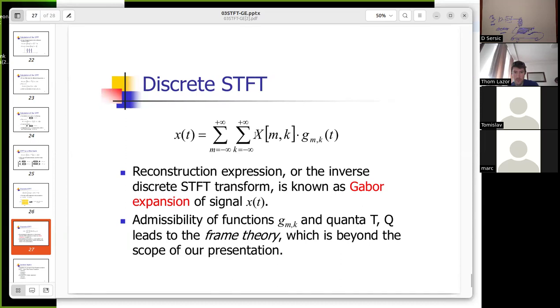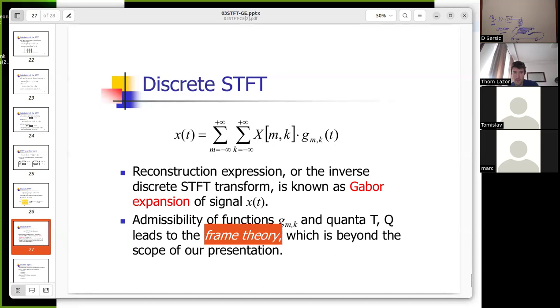Decomposition into such a discrete set is called Gabor expansion of the signal. It is actually the discretized short-time Fourier transform. And right now, it is not enough to have a finite energy G. There are several more conditions. It leads to something called frame theory.